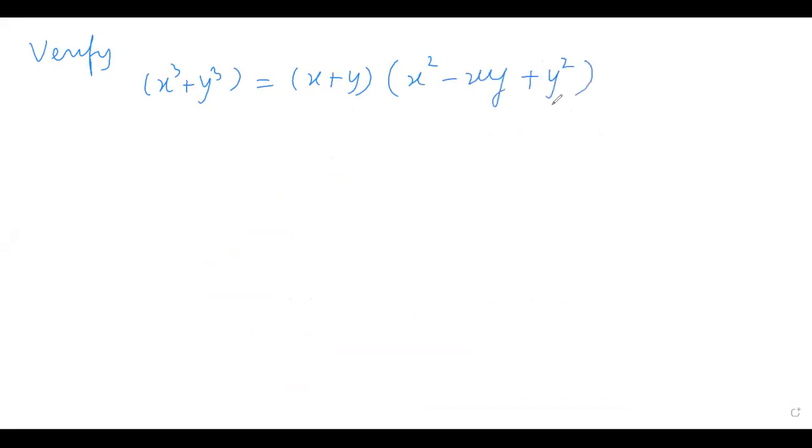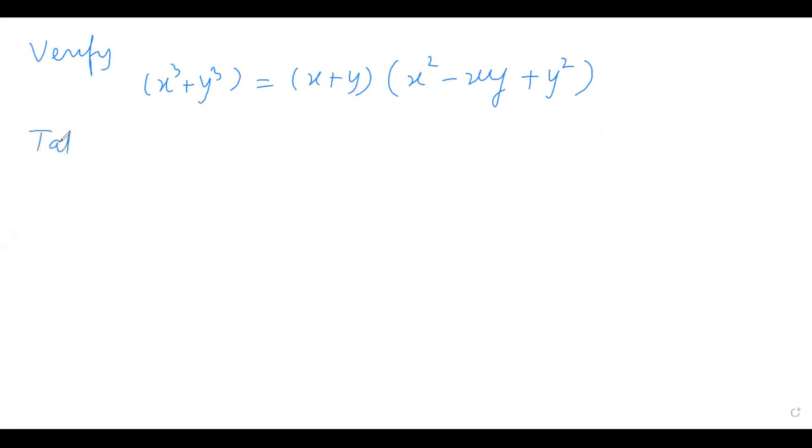Ma'am, x cube plus y cube equals x plus y, x square minus xy plus y square. Okay. So how to verify this identity? We will be solving the right hand side first.